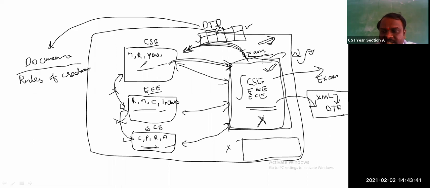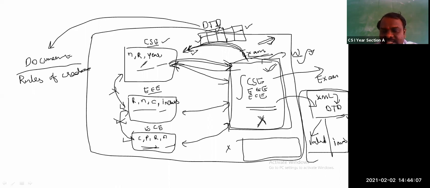If it gives a valid message, then the XML document is valid, so they have sent it properly. If it is invalid, they immediately convey to the department: you did not send in my given format, make it in the given format and send it to me.